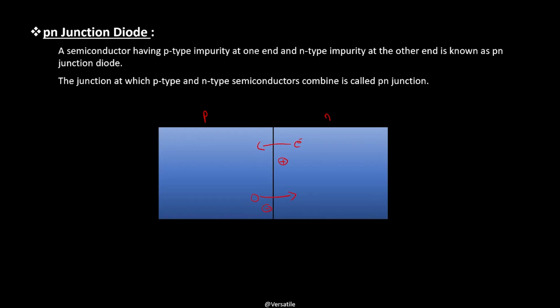And this space charge region which I am drawing now, so this space charge region on either side of the junction together is known as depletion region.